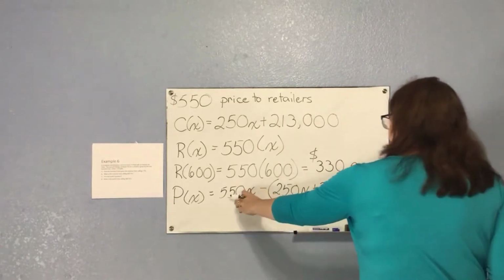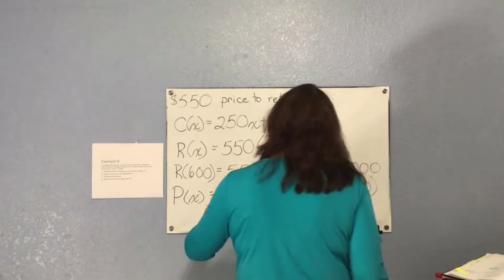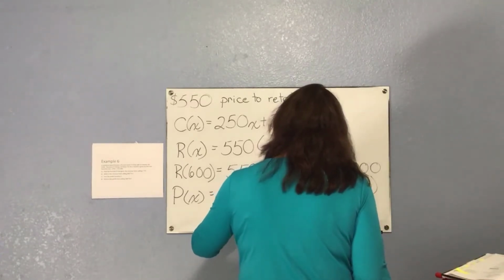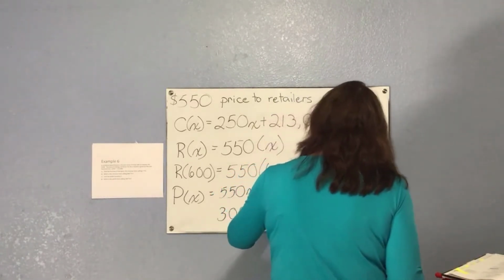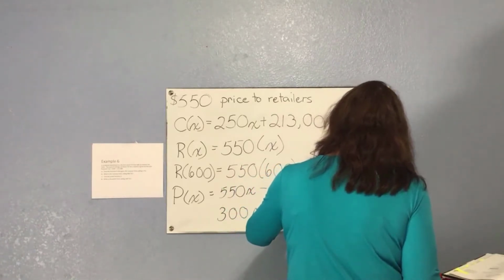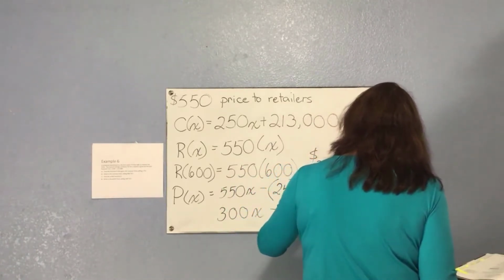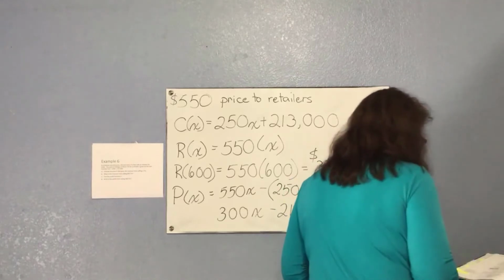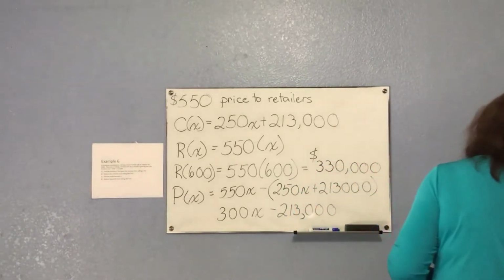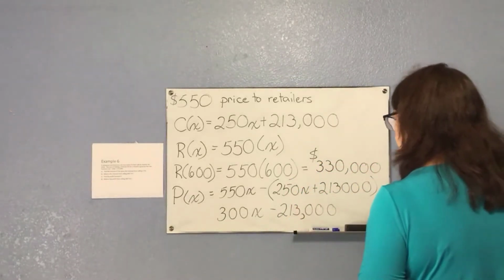Well, we know that 550x minus 250x will give us 300x minus the 213,000. So that's our profit function.